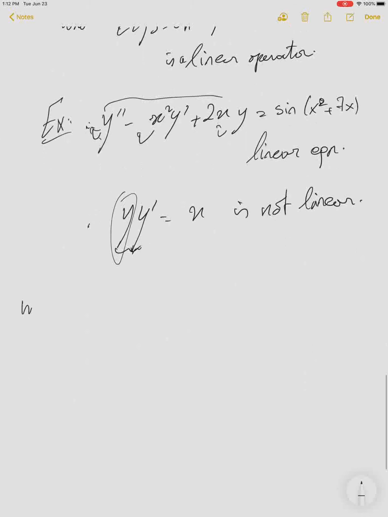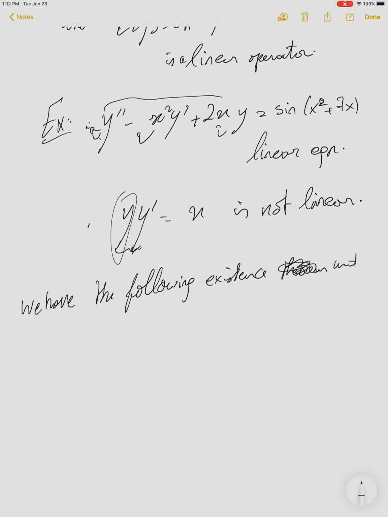Now we have the following existence and uniqueness theorem for linear IVP.